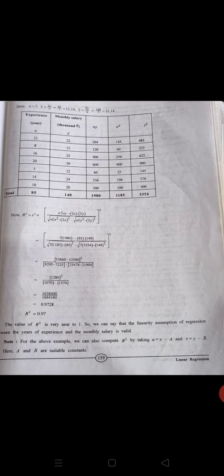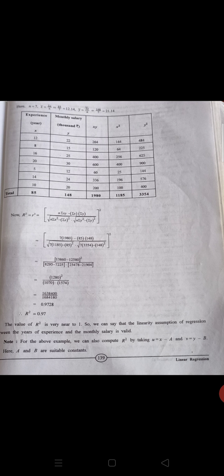Now we have to do the deduction. 13,860 minus 12,580 is 1280, and 1280 square. In the same way, 8,295 minus 7,225 is 1070, and 23,478 minus 21,904 is 1574.